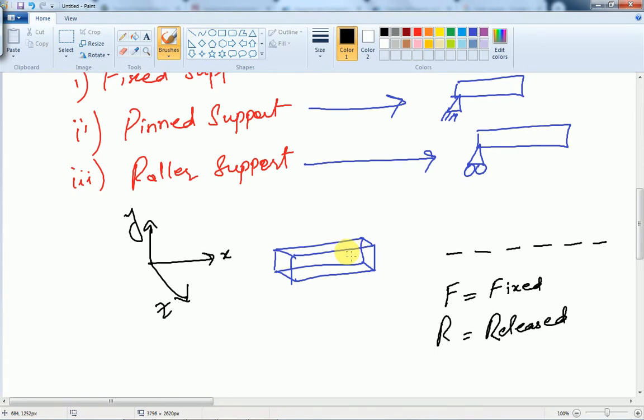Before discussing this, let me tell you how many total movements there are.